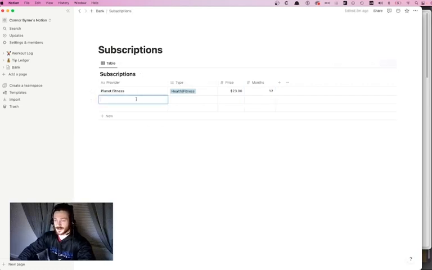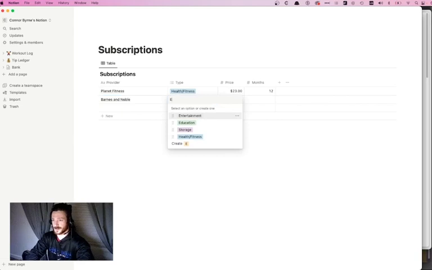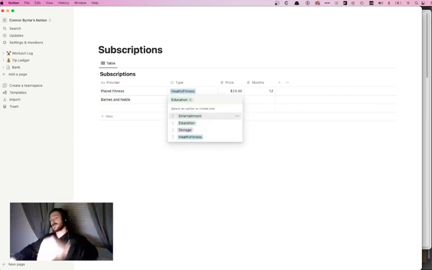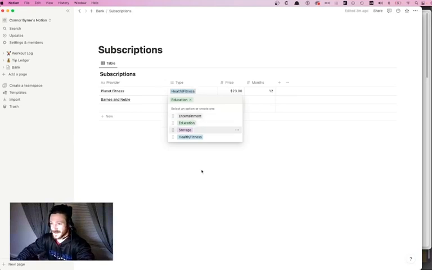Now, a second one might be, in this case, I spend money on physical books, and when I shop for physical books, I buy them at Barnes and Noble. And I'll actually consider this as an education. I'm like self-educating, so we'll use this as an education tag.